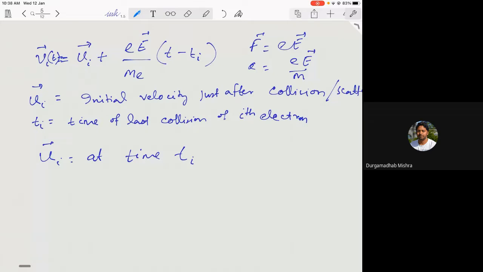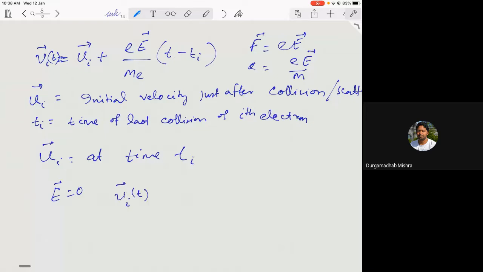But when you look closely, now we have to calculate this Vi for all the electrons and then sum it up, and then we can get the drift velocity. So let's say if you assume there is no electric field, so if E is equal to 0, what will be the drift velocity, or the instantaneous velocity?